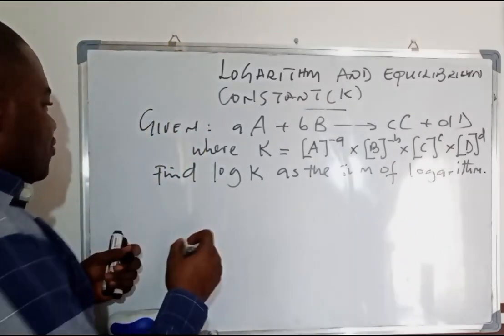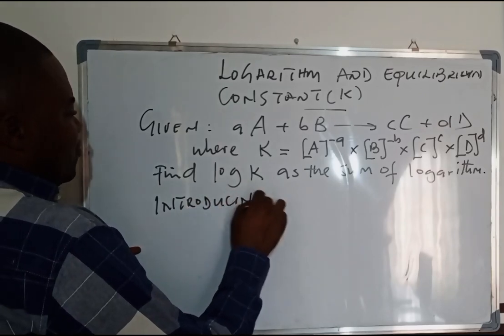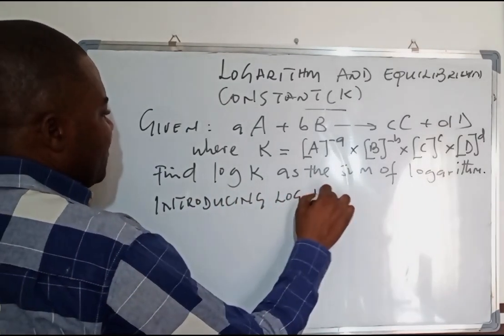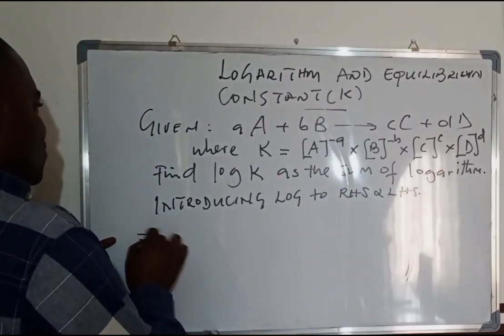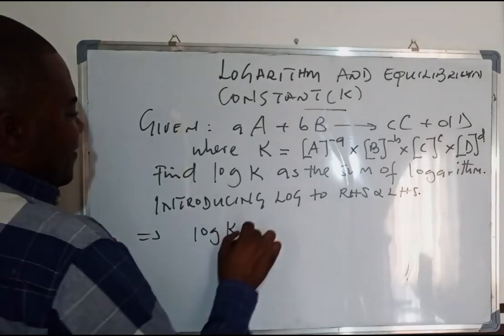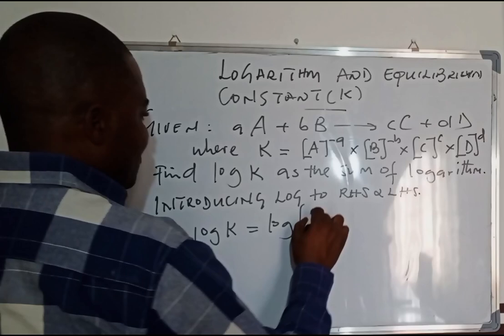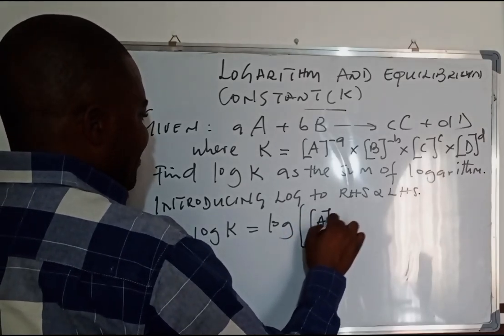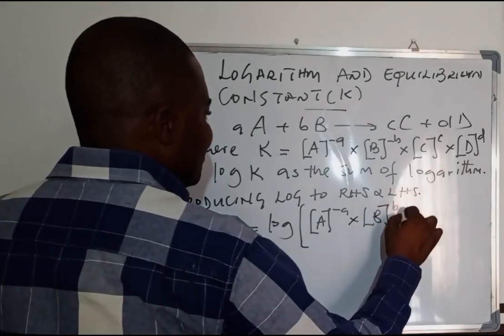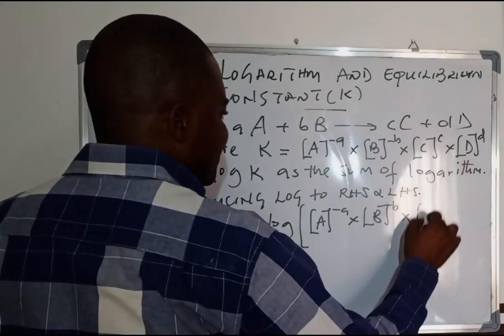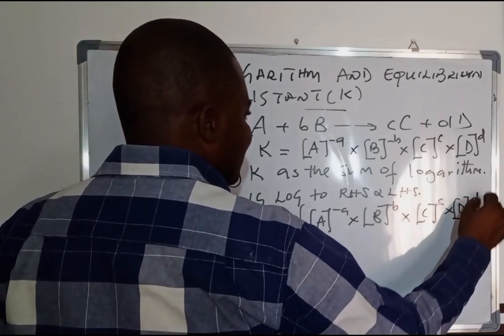That means we are going to have the log of K equals the log of A to the power of minus a times B to the power of minus b times C to the power of c times D to the power of d.